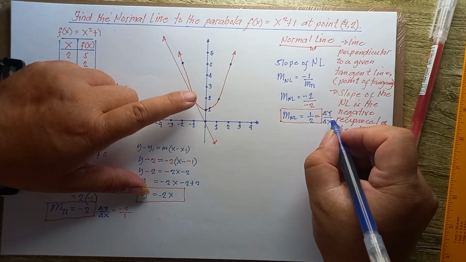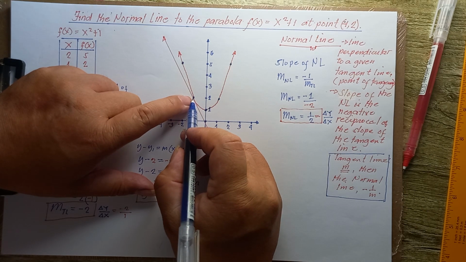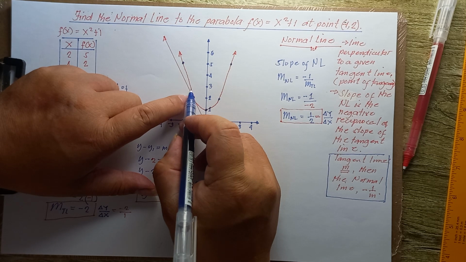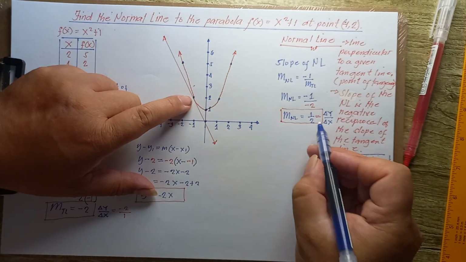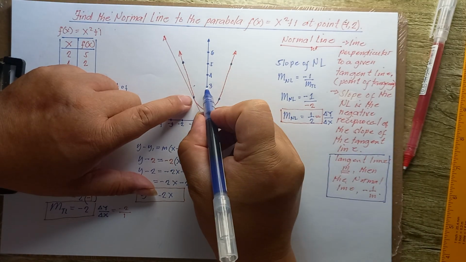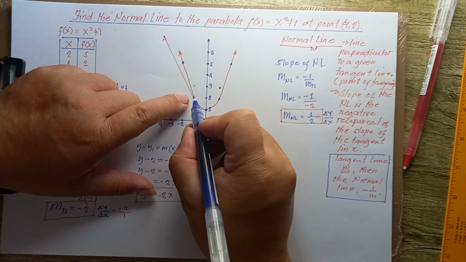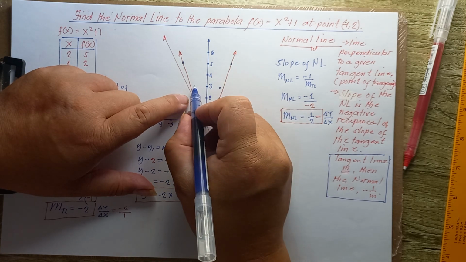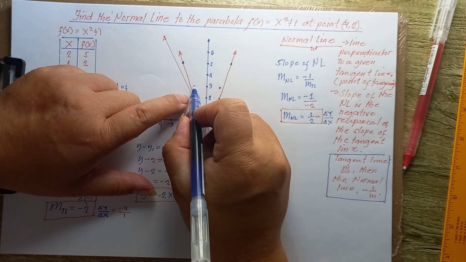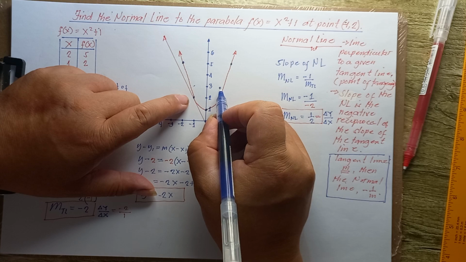We will count from where? From the point of tangency. So that if we have this one, the point of tangency, we will count upward, because that is positive, upward 1 unit. Most probably it is located in here. And then 2 units go to your right. 1 and 2. Okay? Change of y, which is positive 1, and change of x, which is positive 2. So we have in here the expected point.